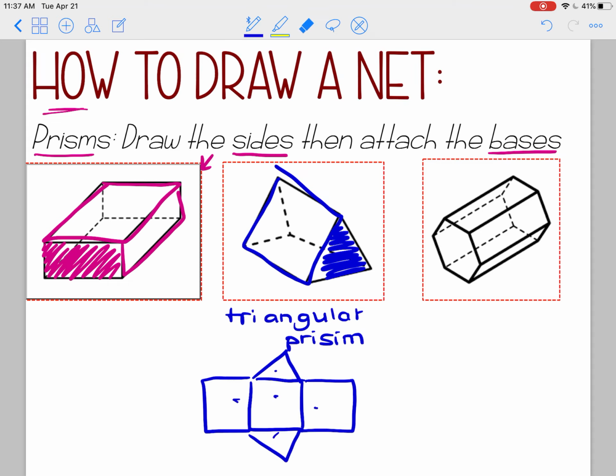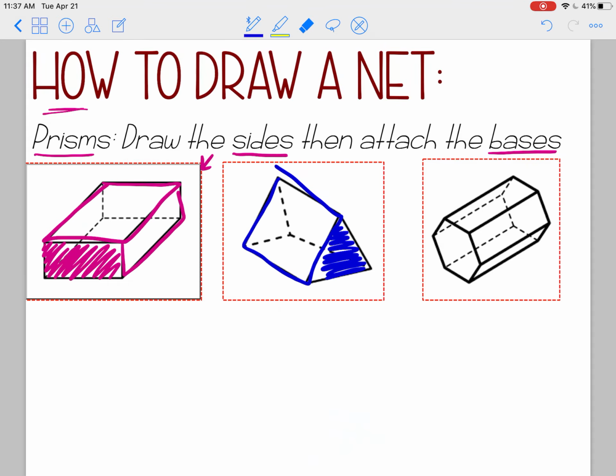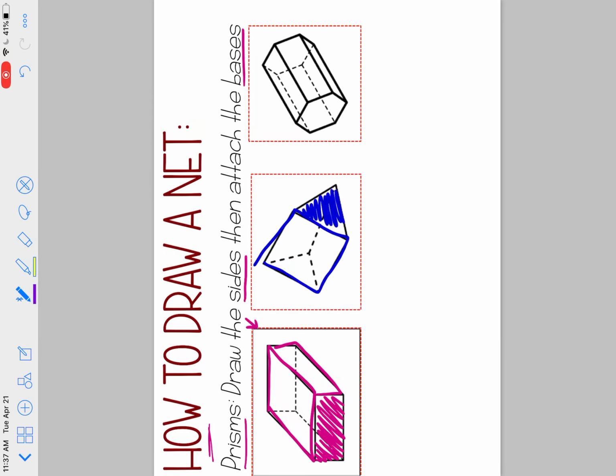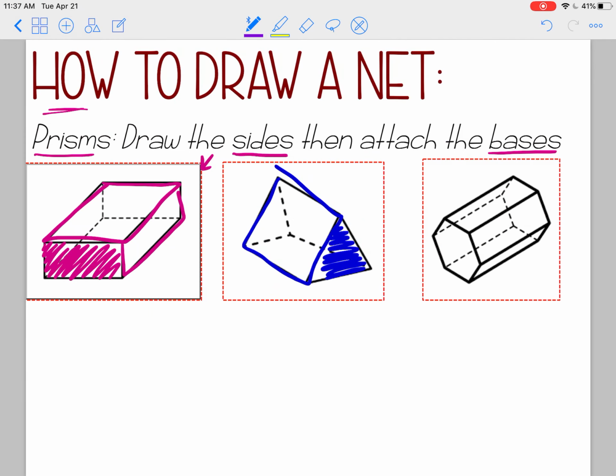Now the next one we're going to look at obviously has rectangular sides, so we know it is some sort of prism, and prisms are named by their bases. We can see that the bases are hexagons, so this is called a hexagonal prism.